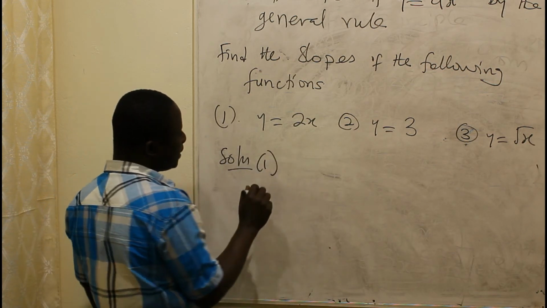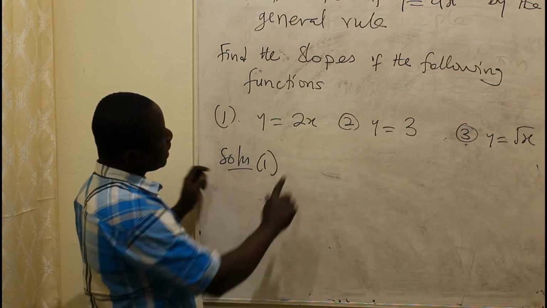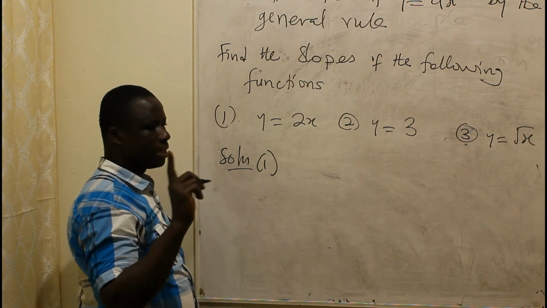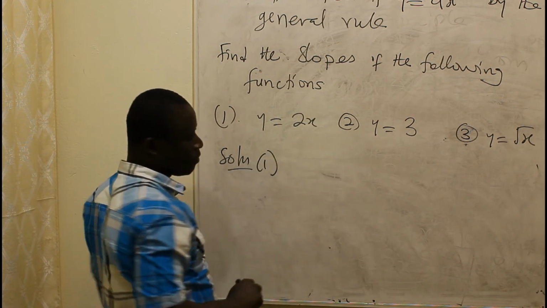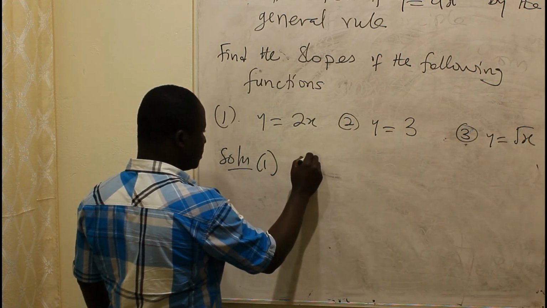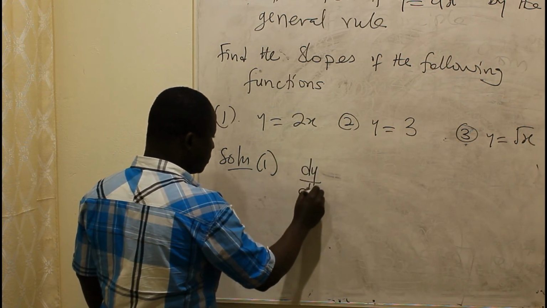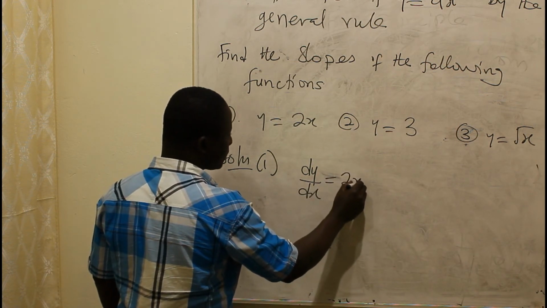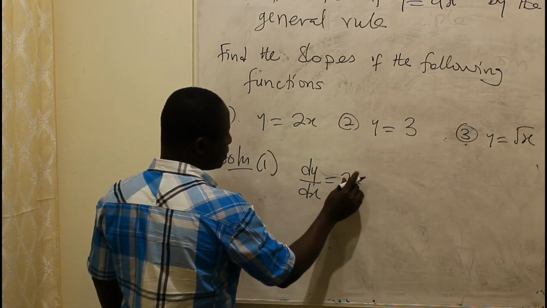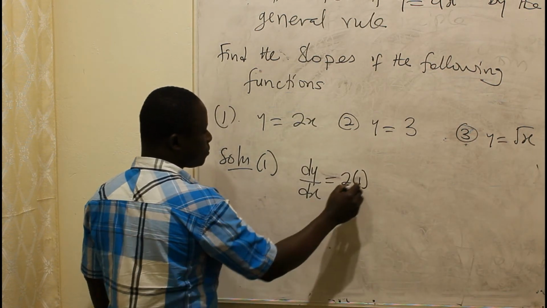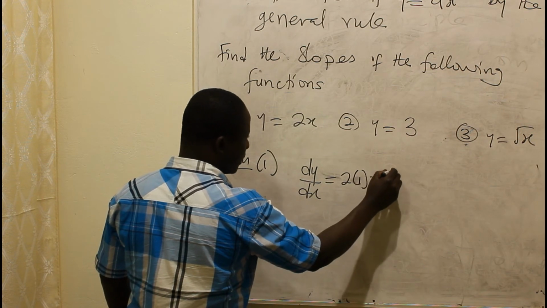When you find dy/dx, don't forget that if a function is a linear function, the power is 1, so by default we don't write it. And we write dy/dx of the first example, and it's now 2x power, the power will multiply, 1 times 2 is 2x power 1 minus 1.